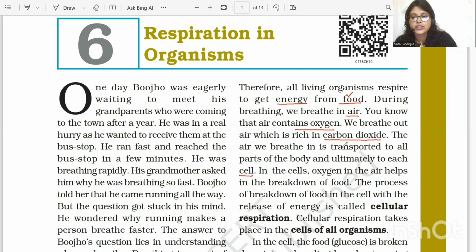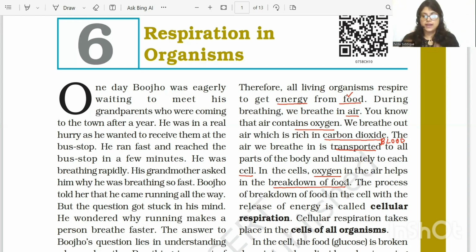Okay, remember, it is transported by blood. And then ultimately it reaches the cell. Now, in the cell, ये oxygen जो हमें air से मिला है, it will break down the food. Okay, जो हमने खाना खाया, ये break down होता है by the oxygen. Okay, in the presence of oxygen in order to give us energy.